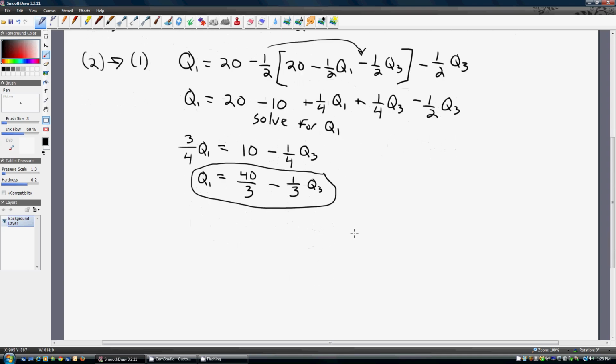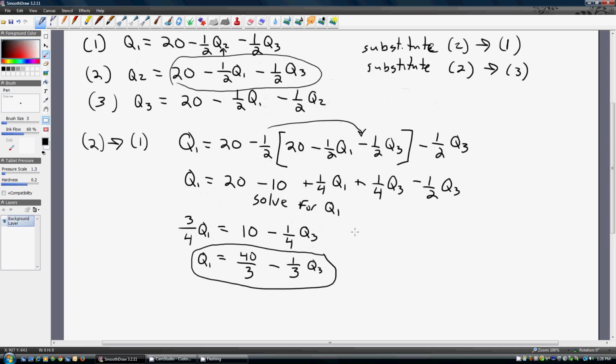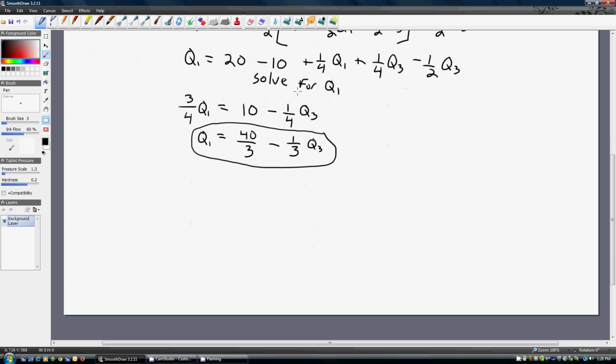Okay. The next step, let me go back to the top here, we're going to substitute equation 2 now into equation 3. So we're going to substitute equation 2 into equation 3. Okay, substituting equation 2 into equation 3, Q3 equals 20 minus 1/2 the output of firm 1 minus 1/2 the output of firm 2.